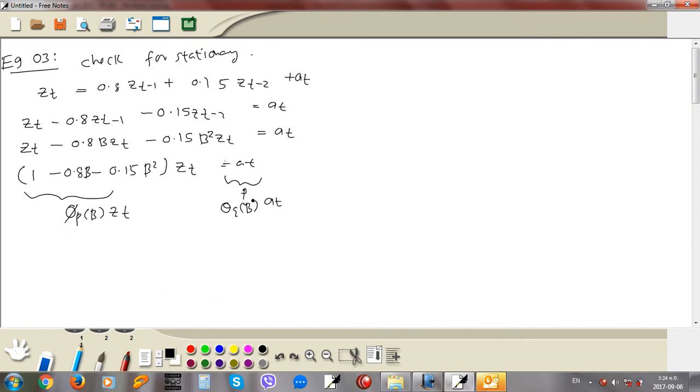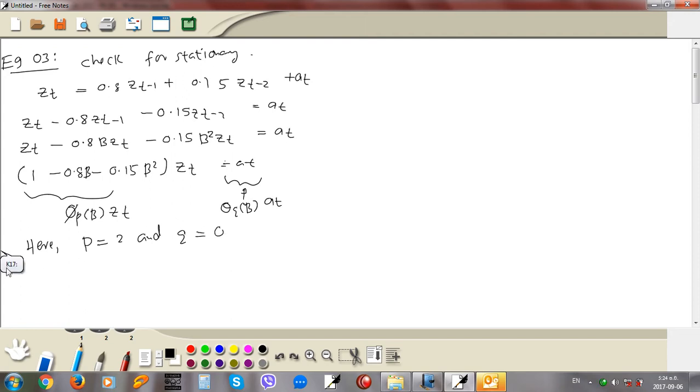So here there are no B operators, it means here p equals 2 and q equals 0.